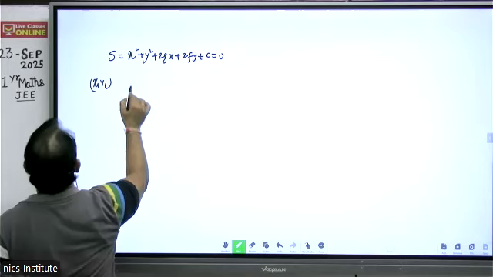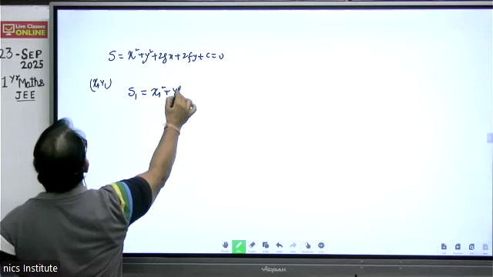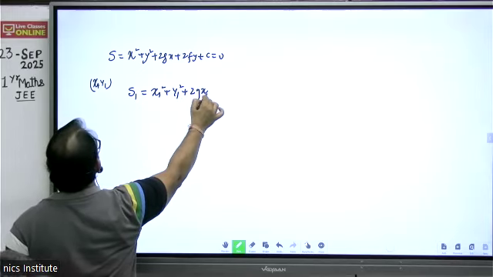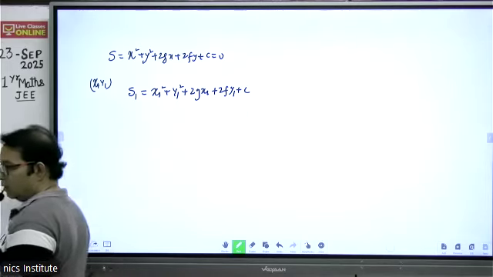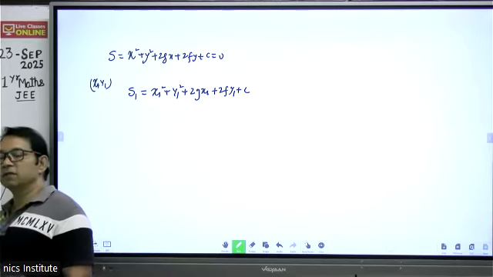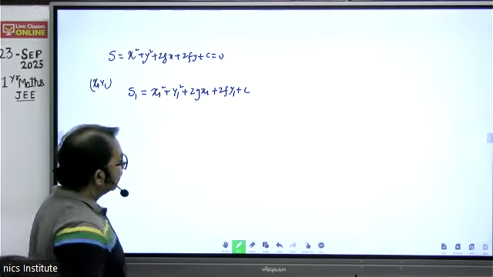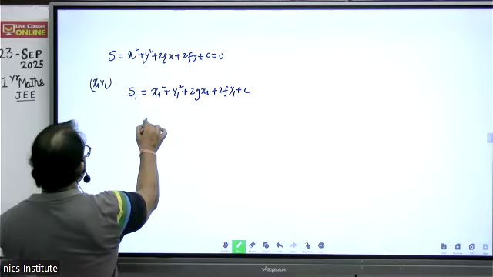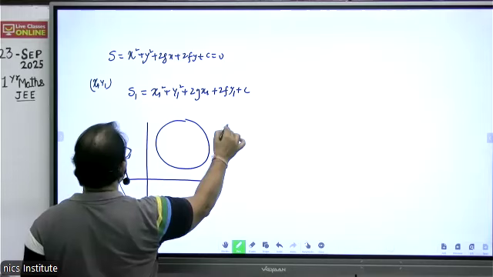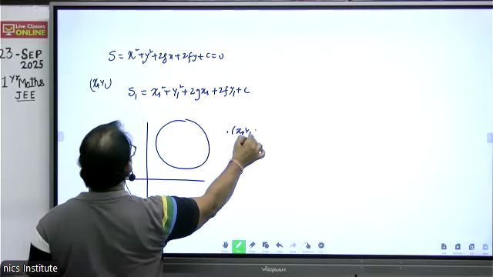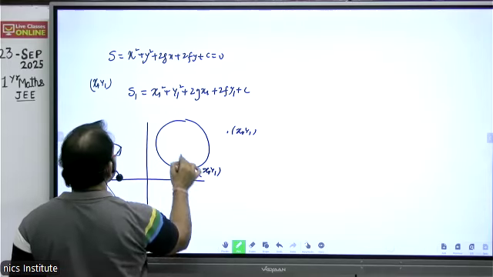When you substitute the point in the equation of conic, it is called S1: x1² + y1² + 2gx1 + 2fy1 + c. Now this point with respect to the circle could be outside, could be on the boundary of the circle, or it could be inside.